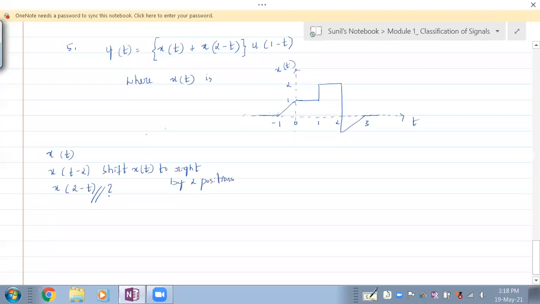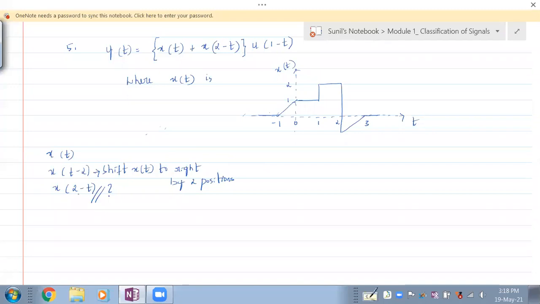That is understood. But what is x of 2 minus t? Can anybody just comment on that? Can you explain this signal to me? So how to sketch that signal?